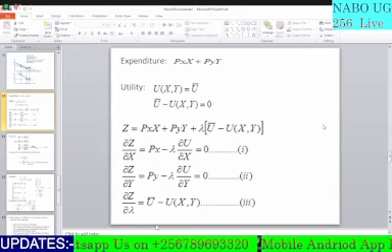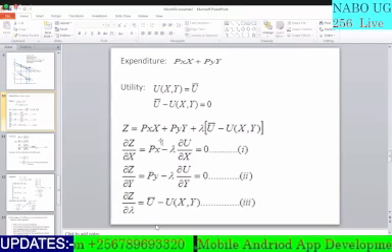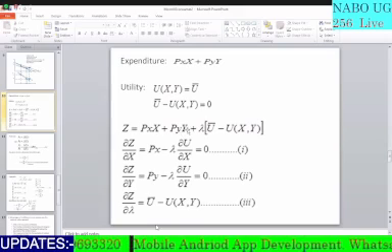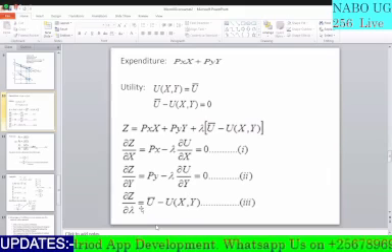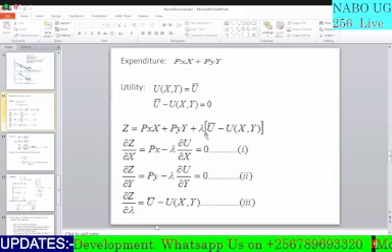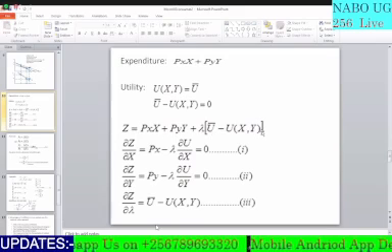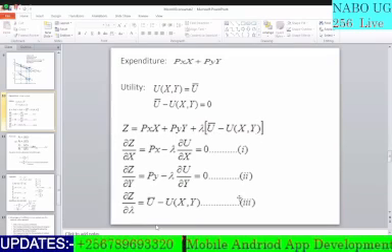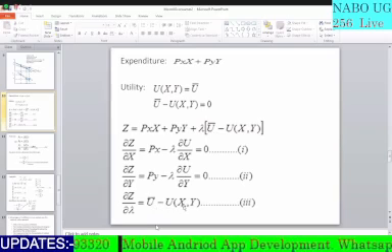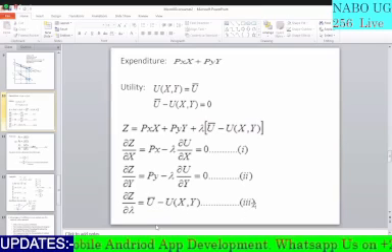So at first you have Py minus lambda dU/dy. When you find dZ/d lambda, this one will be a 0, then you have U minus U(x,y), that is our equation 3.